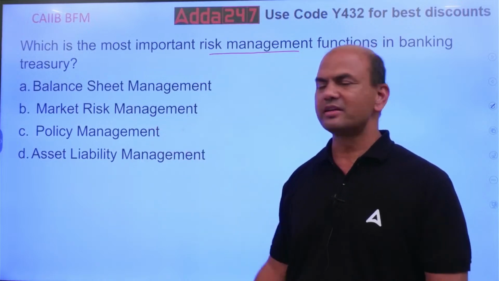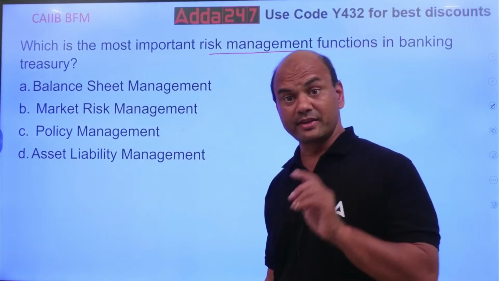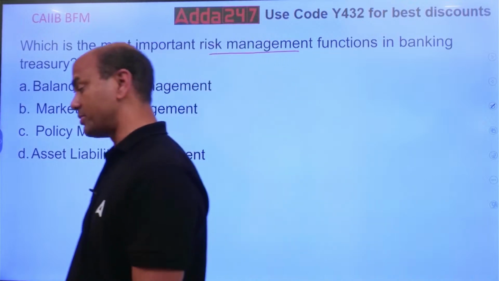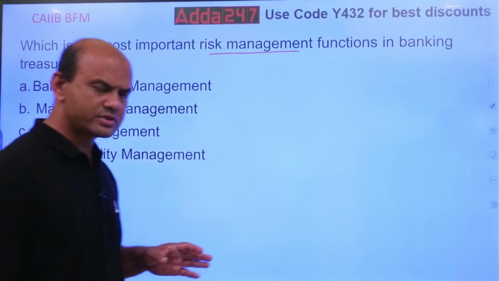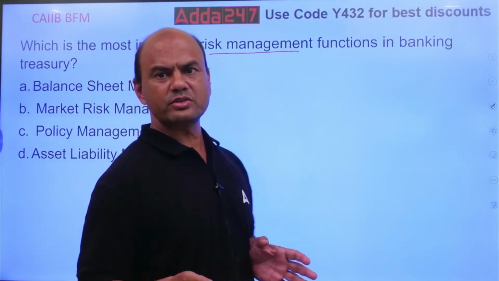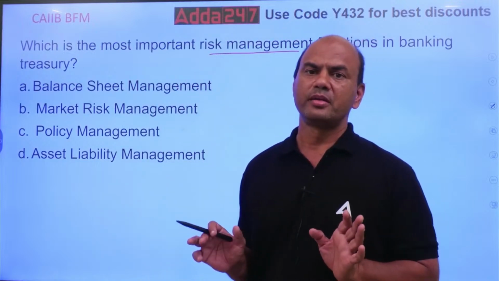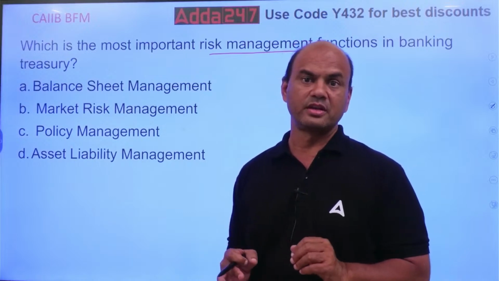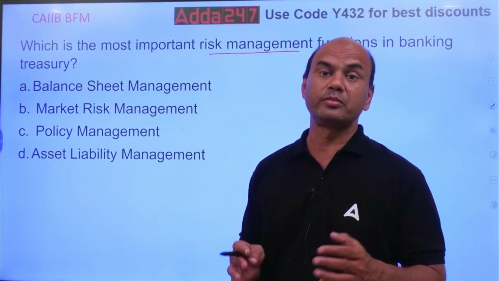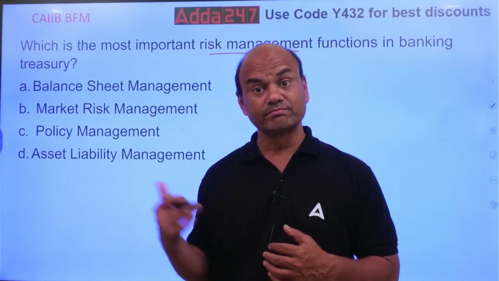Think. Under risk management, what is the main job of any treasury? Not only banking, this treasury part is common to banking, private companies, everyone. Because treasury means your investments, where you need to invest, how you will purchase the bonds, how you will manage the forex.